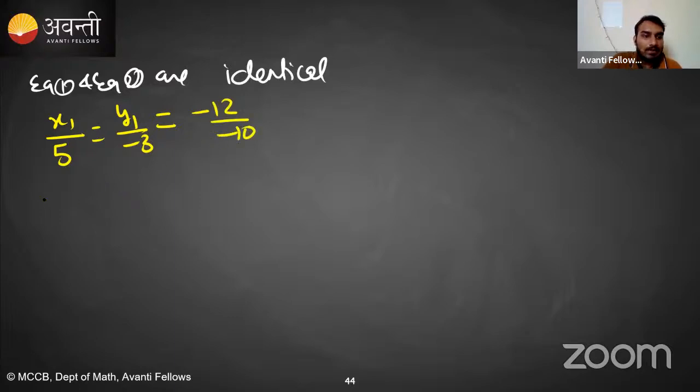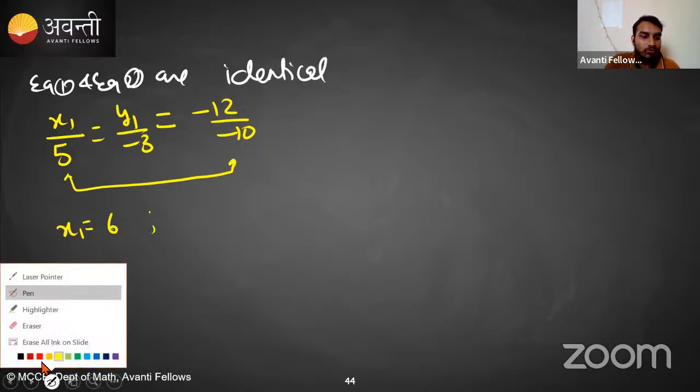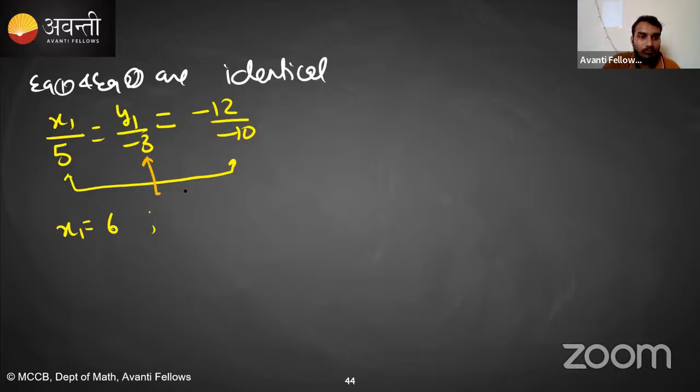So if you compare these two, you will see that x1 is 6 only. And if you compare these two, y1 is minus 3 into 12 by 10. So this is 6, this is 5, right?